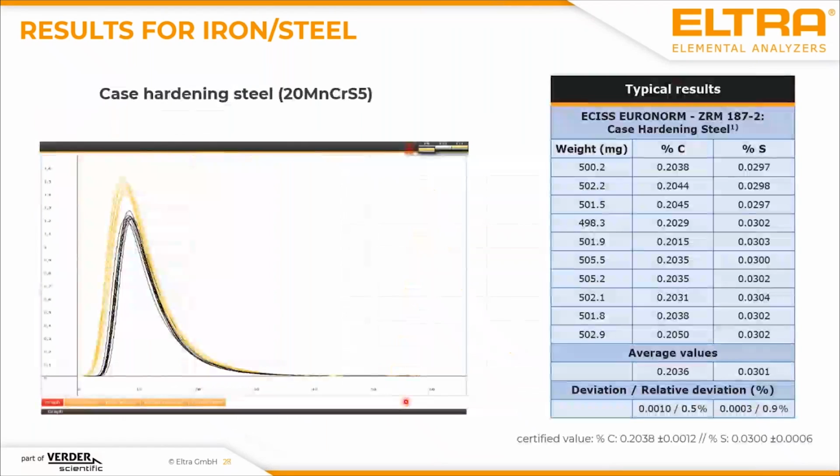It's different for case hardening steel. There we have less carbon and less sulfur content, but still we get it with an extremely good deviation of less than 1%, with 0.5 and 0.9%.